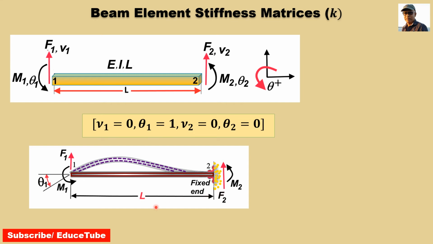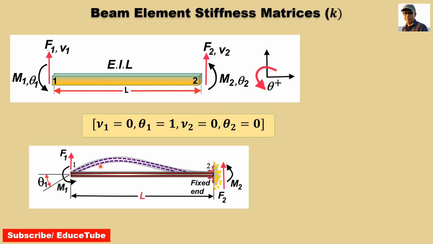Here I showed the moment and force, so it's very clear. Now if node 1 of the member is rotated by θ1 equal to 1 relative to node 2, the chord of the member rotates anticlockwise.